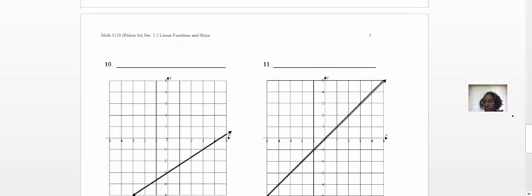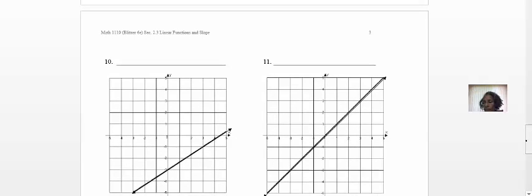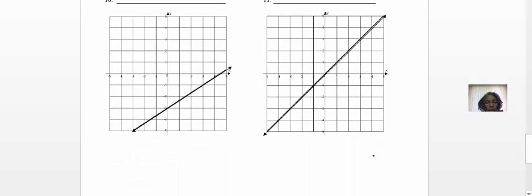Number 10. I see that my y-intercept is negative 3. So b is negative 3.